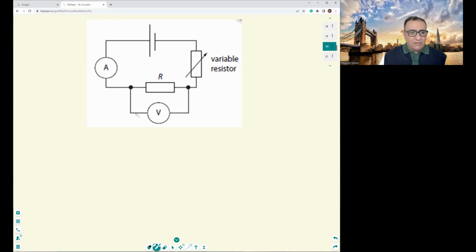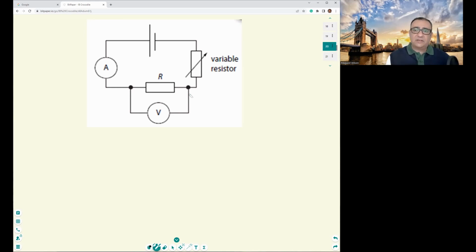Now the V here means a voltmeter. The voltmeter is always connected in parallel, between the 2 points that I want to measure the potential difference across. A voltmeter is a device used to measure the potential difference.